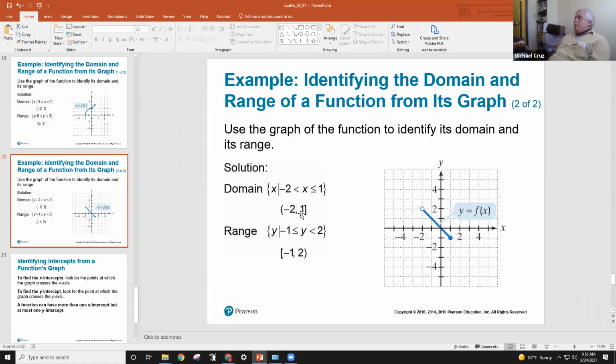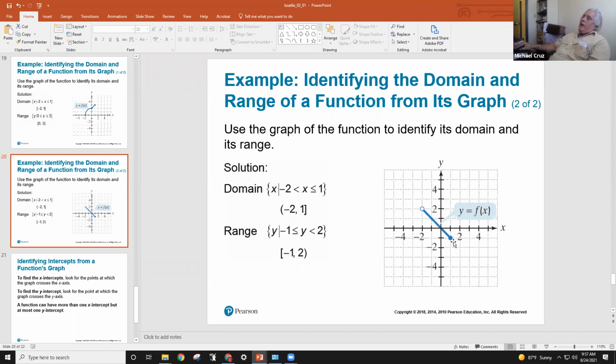If you look at it on the vertical for y, here's the lowest point on the y-axis, which is -1.